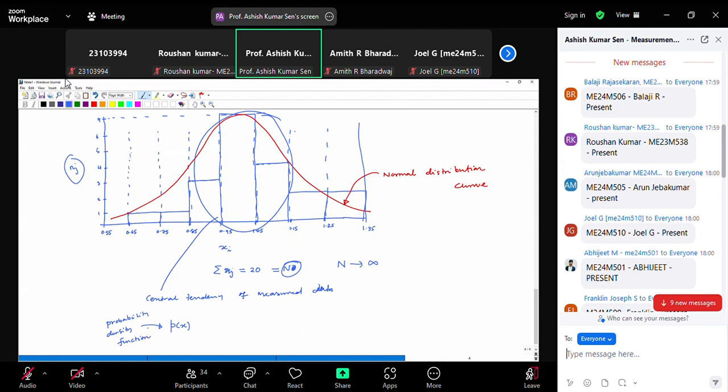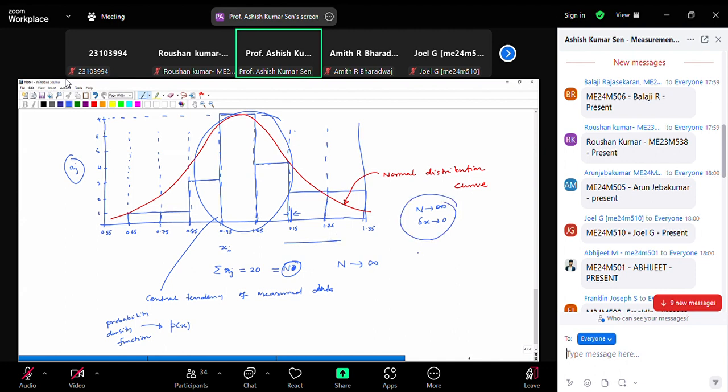We can get the definition of the probability density function from the histogram. In a typical histogram, as I said, when n tends to infinity and your interval delta x tends to 0, that means your interval becomes very small, right? And the number of data points becomes very large.